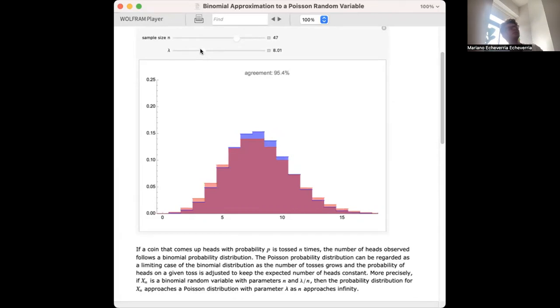The important thing of these examples is to see that you're saying as n goes to infinity, but in practice already for a reasonable number of n, here we're choosing n equals 54, you see it's already a very good agreement.